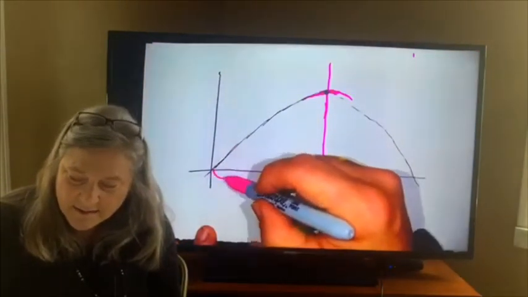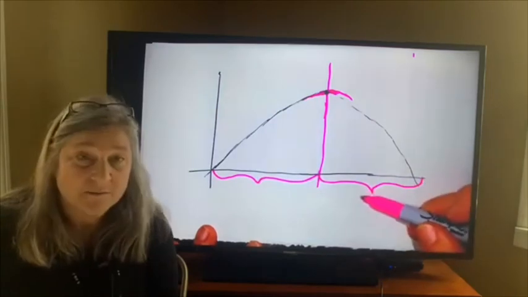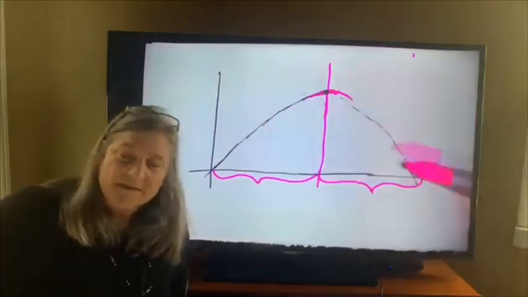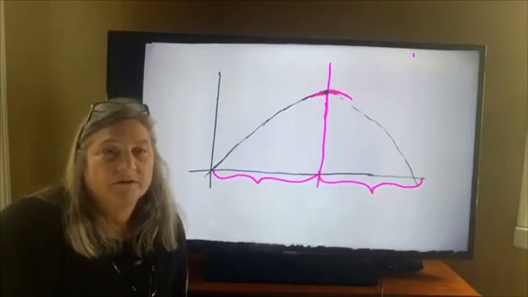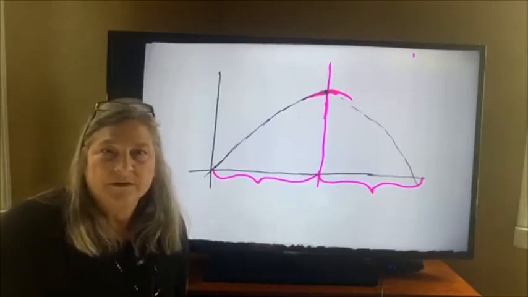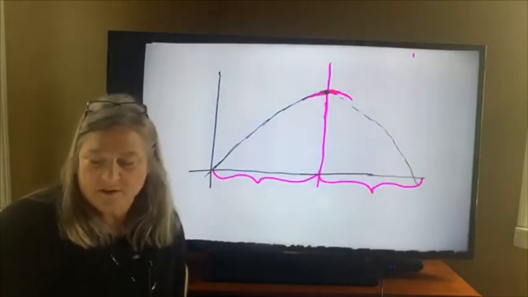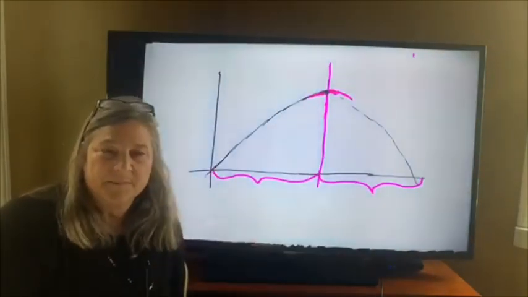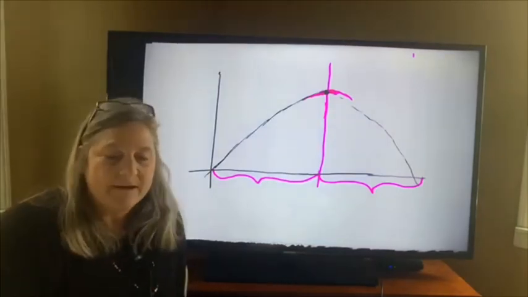Theoretically, whatever this distance is, this will be the same. So this kind of information is good to have just when you're watching the news or reading the paper or finding out about data that fits in a parabolic curve. So these are the important reasons why we need to do this.